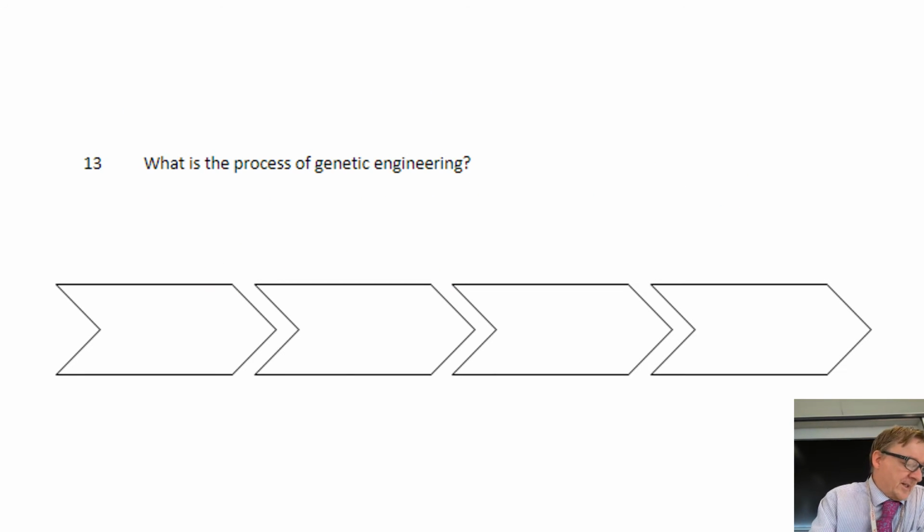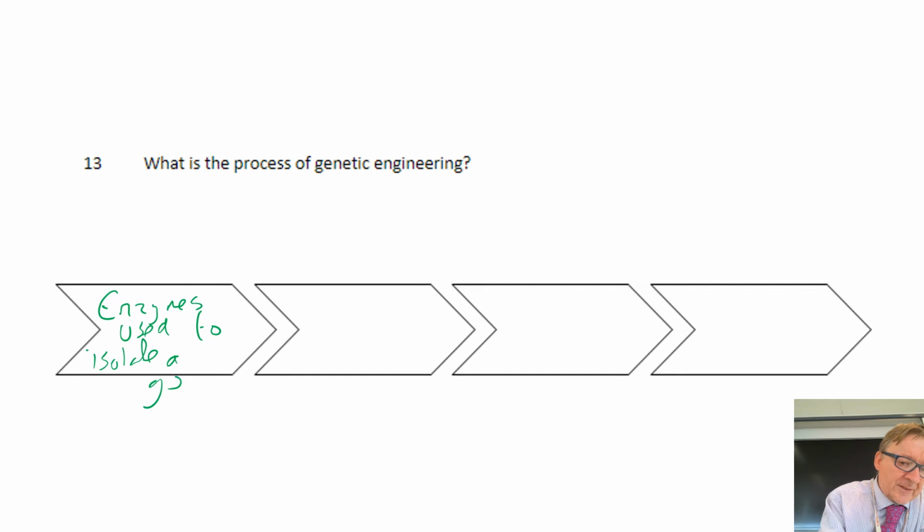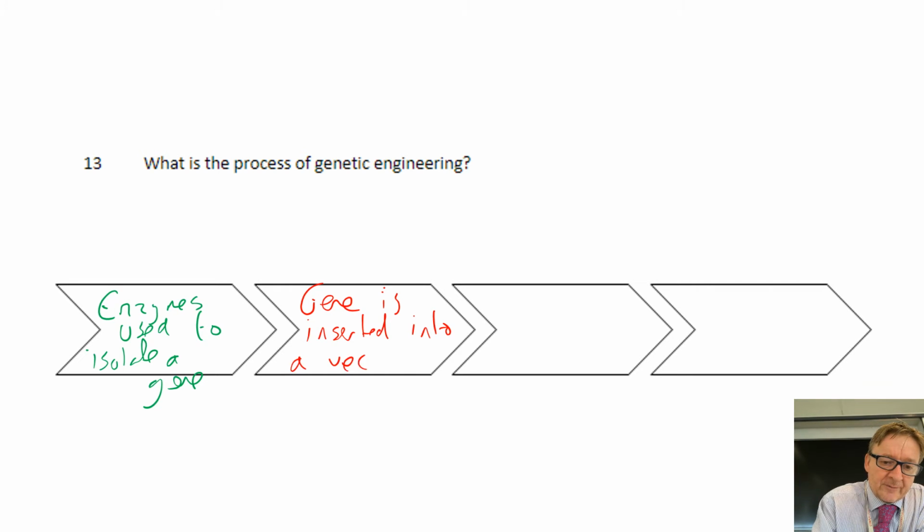The process of genetic engineering. The first stage is that enzymes are used to isolate a gene. Then the gene is inserted into a vector, and a vector could be a plasmid or a virus.